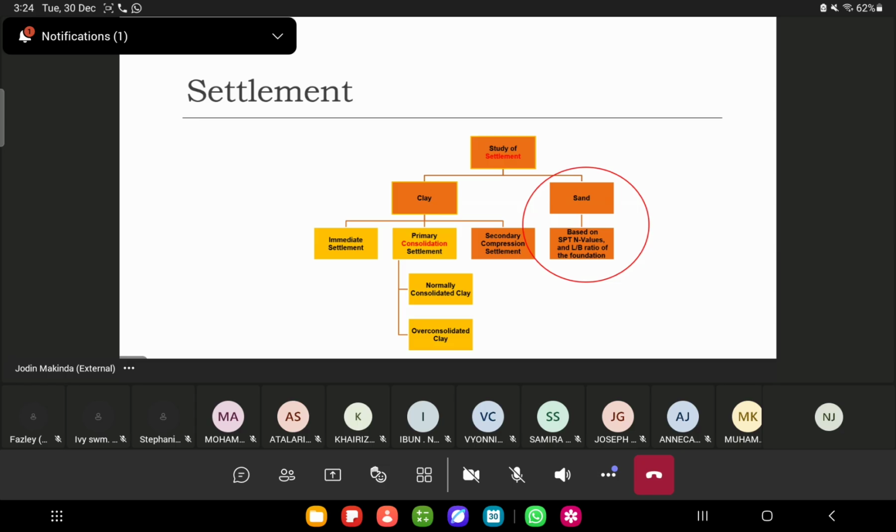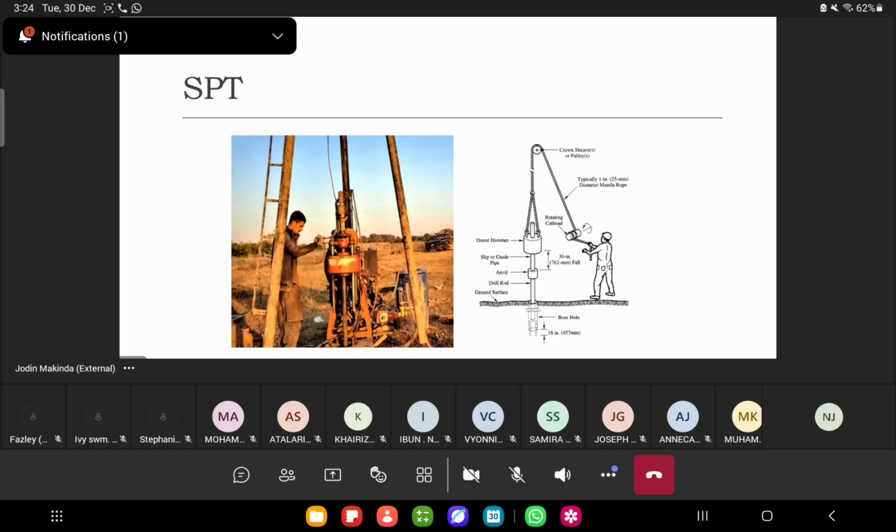Okay, the last part is settlement on sand. When we study the settlement on sand, it is important for us to know the SPT N value. What is SPT N value? SPT is standard penetration test. The standard penetration test uses this equipment.